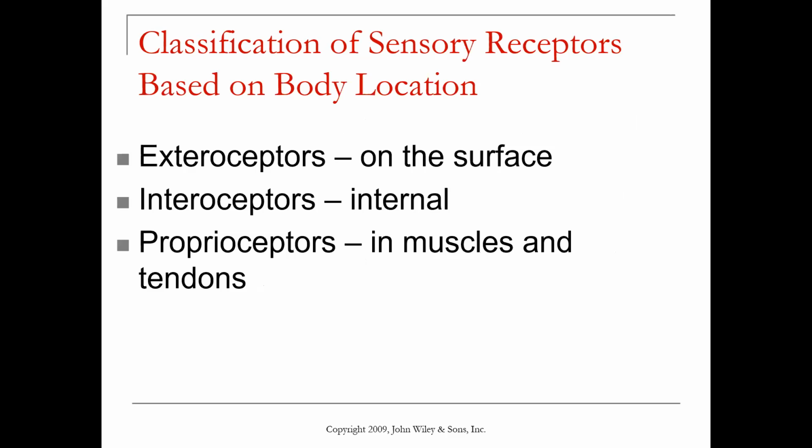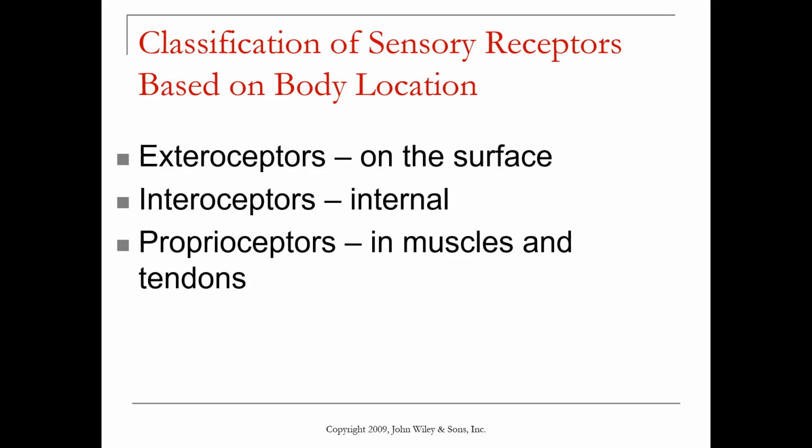So, okay. Now, what about their location? Well, we have three terms here. Exteroceptors are on the surface: touch, temperature, pain, for example, are all on the surface of the body. Interoceptors are internal: pain, for example, or detecting changes in pH or changes in blood pressure. We monitor our blood pressure in two locations internally.